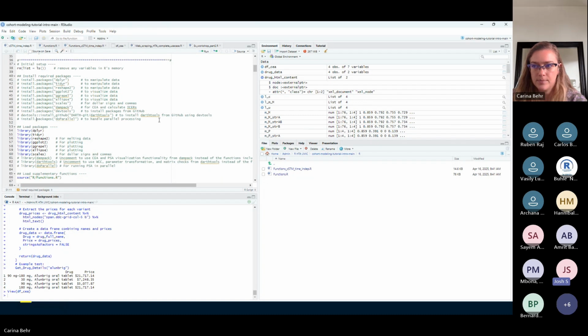As Karina said, at the top of that script, from lines 41 to 51, where it says install.packages, take away the hash sign at the start of every line and then let it install.